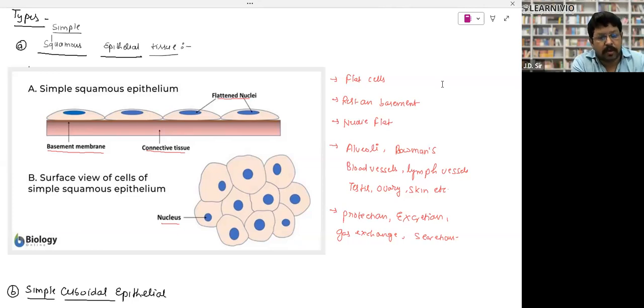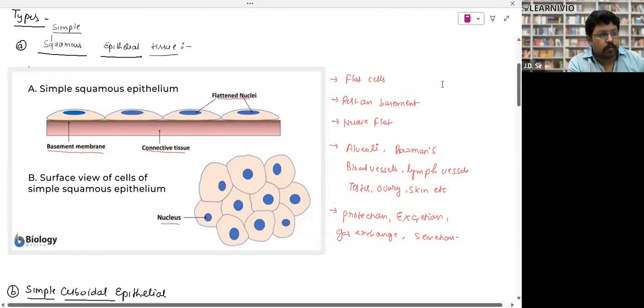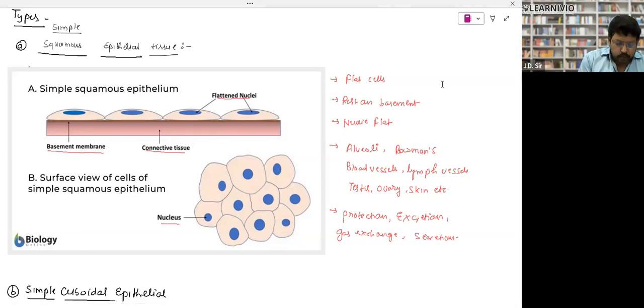Okay, very good. So start noting now. Did you all get what they are? Squamous tissues? Okay. So the heading is simple squamous tissue. It is composed of large, flat cells that fit closely with each other.